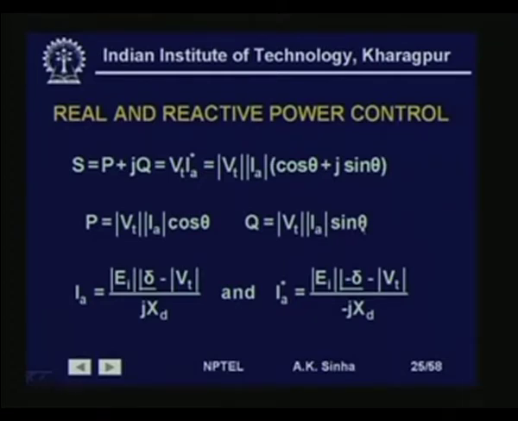Now, what is I A? I A is equal to (E I angle delta minus V T) divided by j X T, that is the reactance.